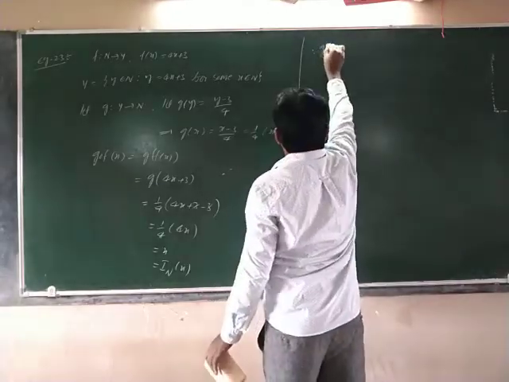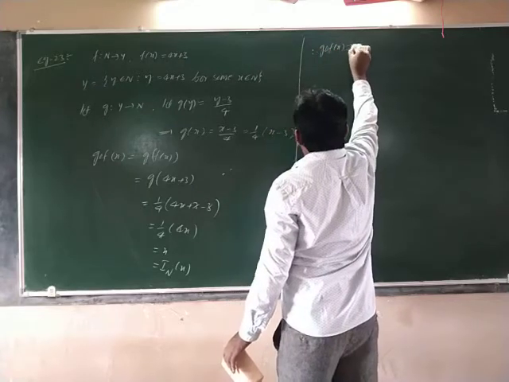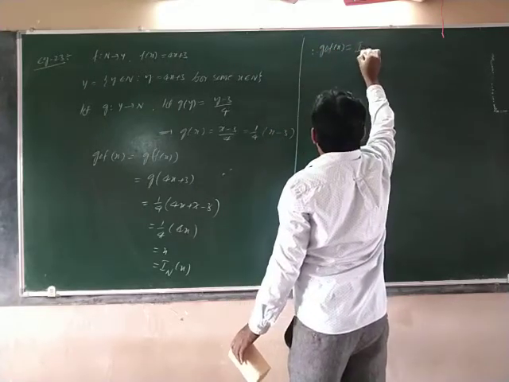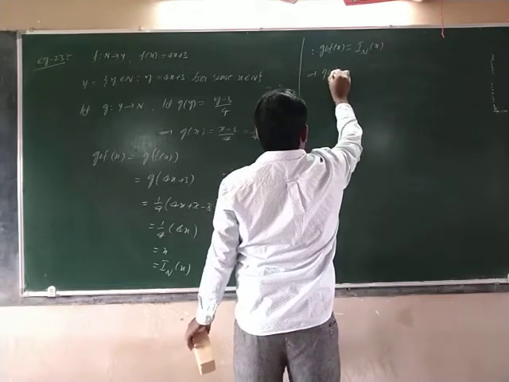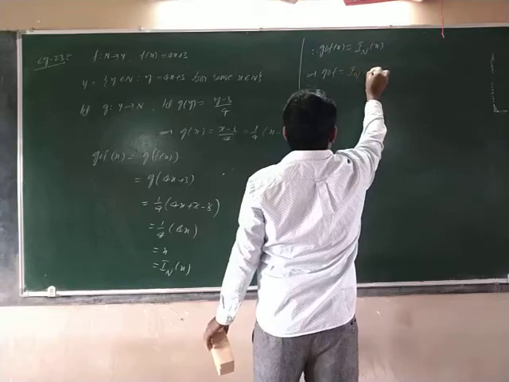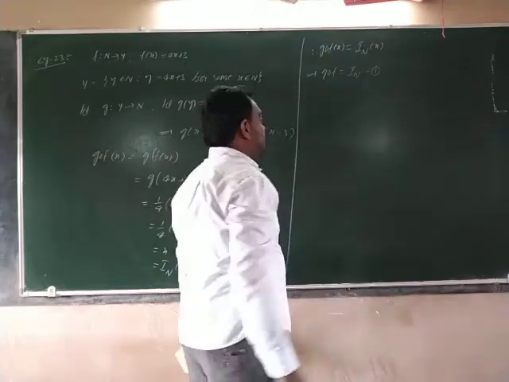Therefore g circle f of x is equal to I n of x. From this, g circle f is equal to I n. This is equation number 1.